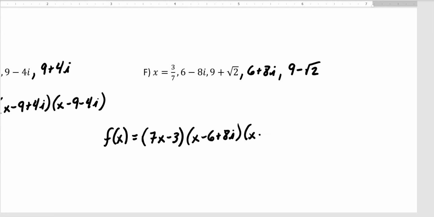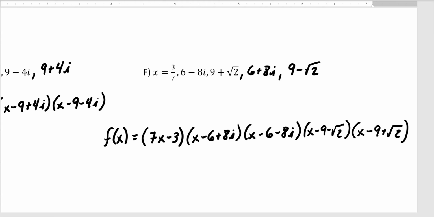And then x minus 6 minus 8i for the complex conjugate. And 9 plus the square root of 2, so that would be x minus 9 minus the square root of 2. And then the conjugate, x minus 9 plus the square root of 2. And there we have our factored form for that polynomial.